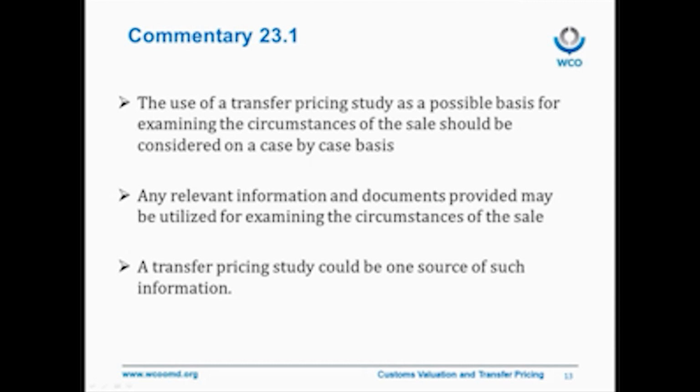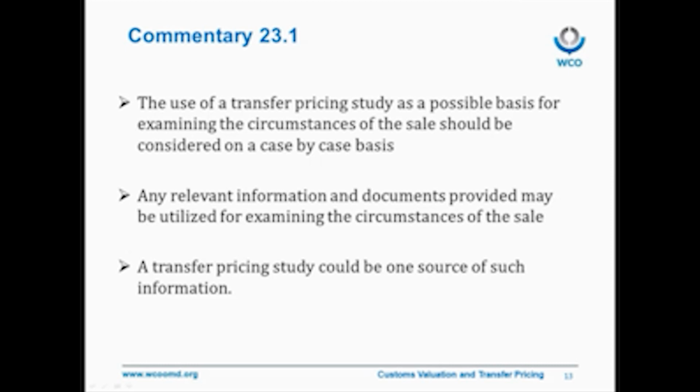But I think there will still be more questions about this instrument, because it's stated that the TP study could be taken into consideration, but it should be considered on a case-by-case basis. So how do we apply this instrument in a specific case?